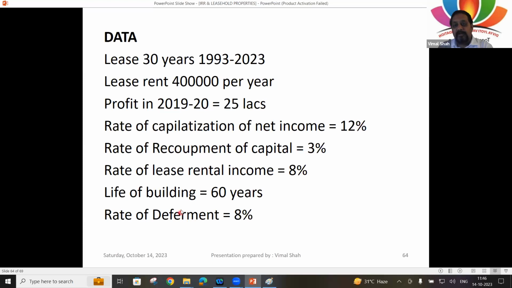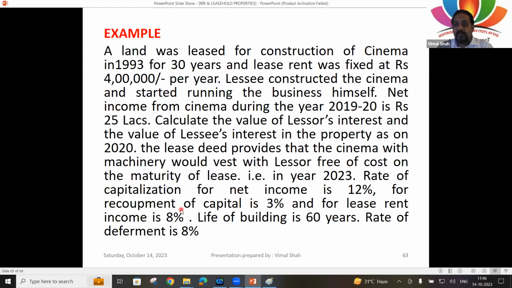Now in this same property, if you have to find out the value of lessor's interest in the property, what would be the value of lessor's interest? What benefit can the lessor get from this property? So first of all, he can get a rental income of 4 lakh per annum for 3 years up to the expiry of the lease.